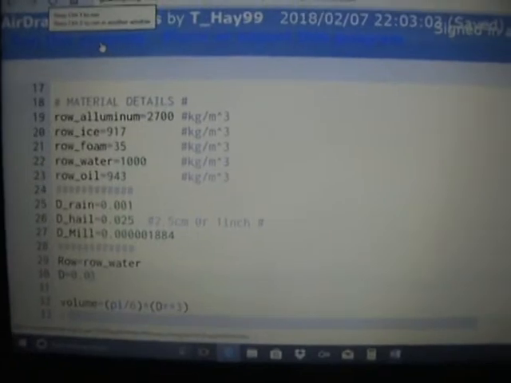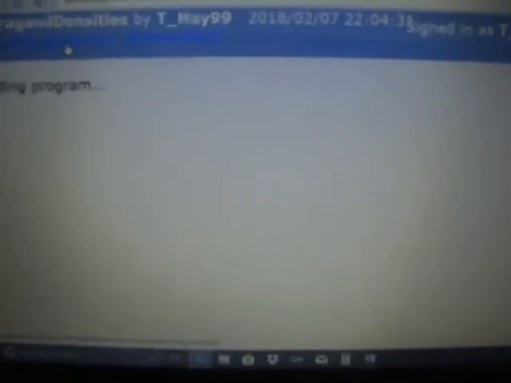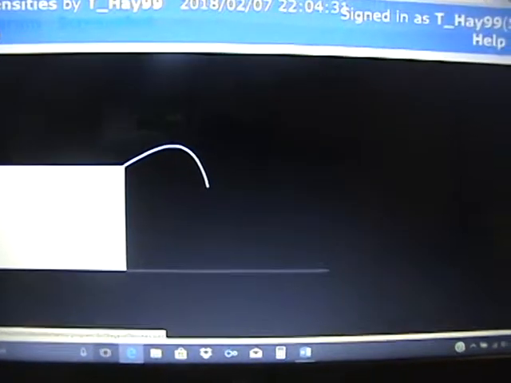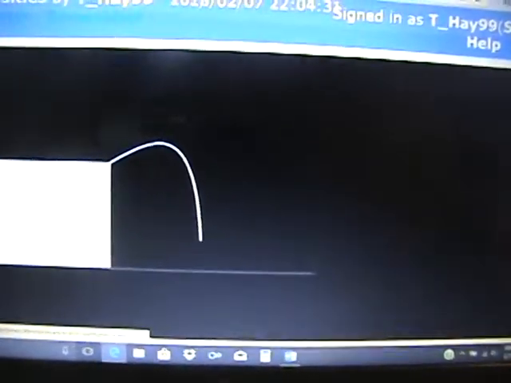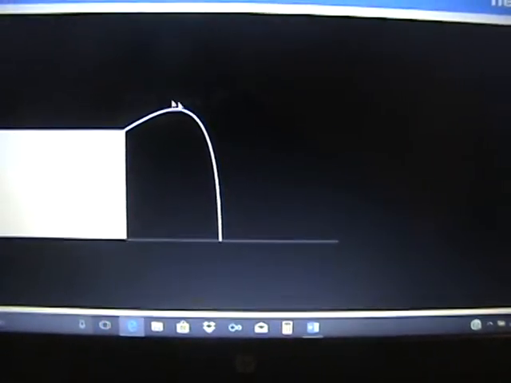So we'd expect more of a dampening effect. And as you can see, there's a lot more dampening effect here because the raindrop itself now weighs less.